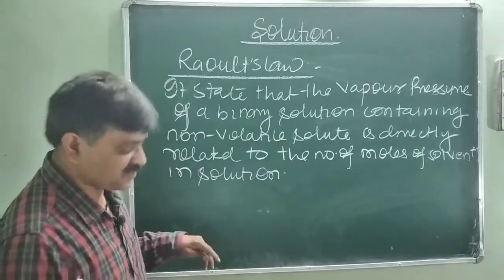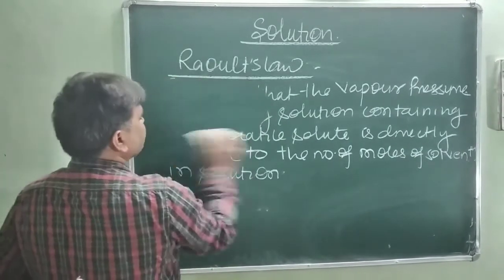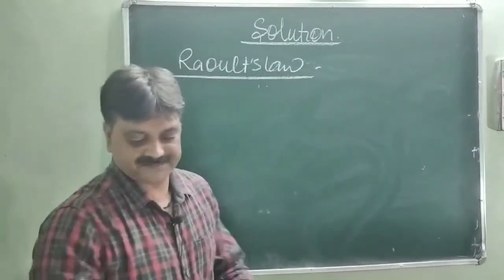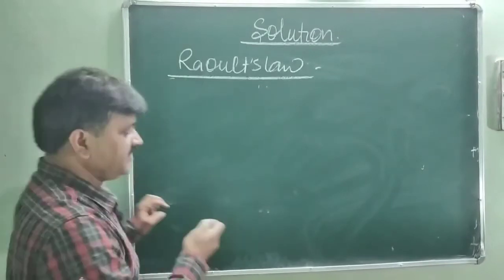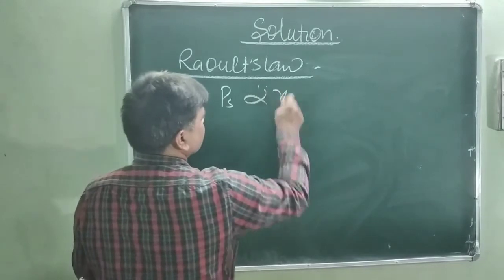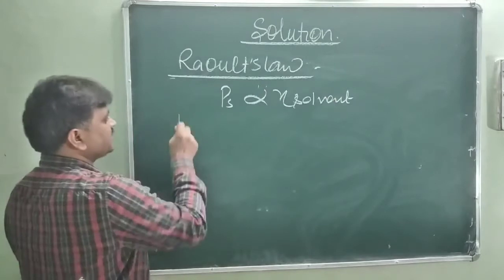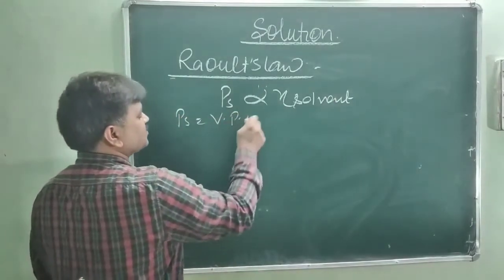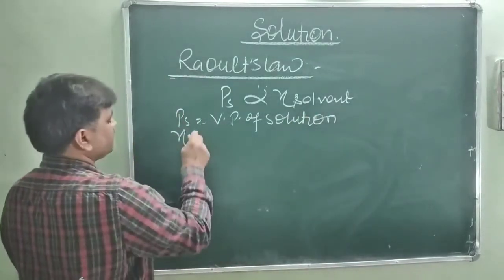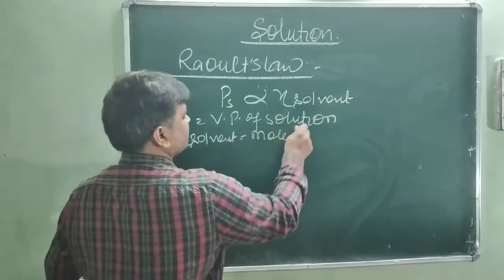So from the above equations, is it clear? From this equation we know that PS, the vapor pressure of solution, is directly proportional to X solvent. X solvent means the mole fraction of the solvent.